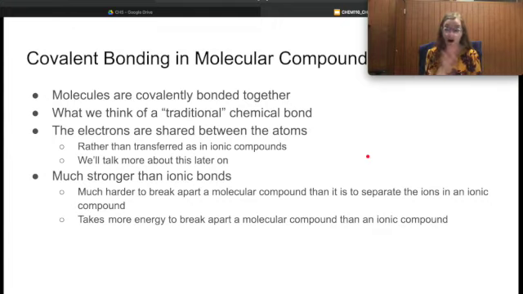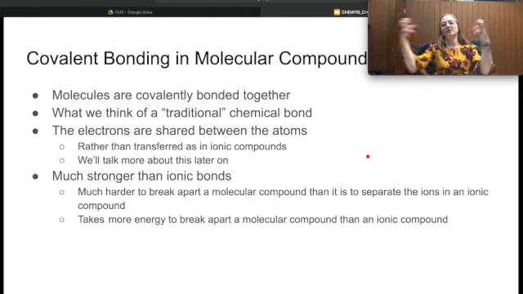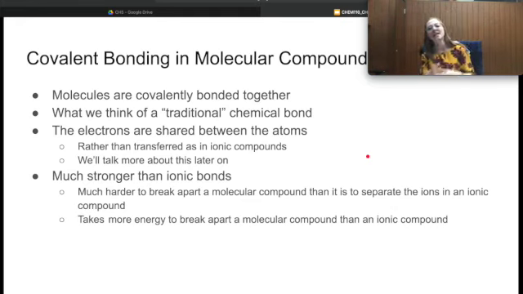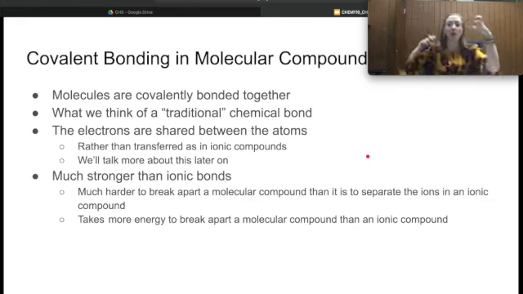However, all the covalent bonds we're going to come across are going to be much stronger than any ionic bond that you could choose. So it's much harder to actually pull apart that carbon and those two oxygens than it is to separate a sodium ion from a chloride ion, okay? So it takes a lot more energy to actually break apart a molecular compound, to take those individual atoms apart from each other, than it does to just separate ions that are hanging out because they're just positively and negatively attracted to each other.